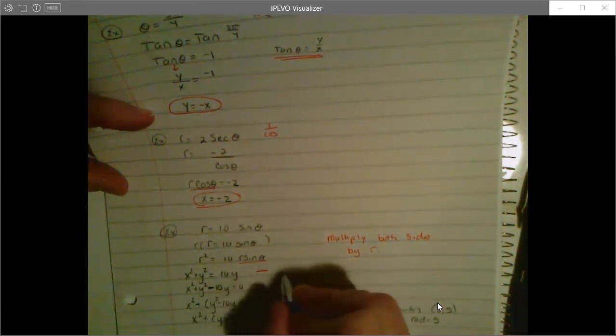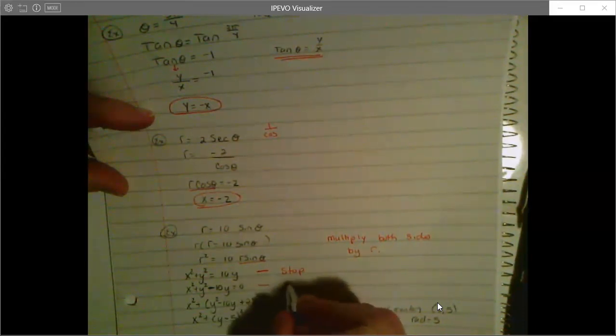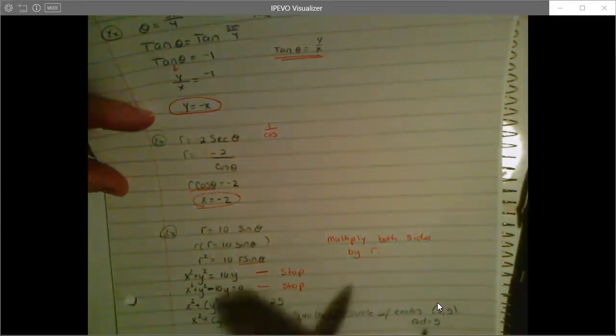Well, r squared is x squared plus y squared, and r sine is y, so I end up with this. Now, I am perfectly good with you stopping here, and that's perfectly adequate. What they've done here is they've completed the square and they've ended up with an equation of a circle. But I'm okay if you stop at this point.